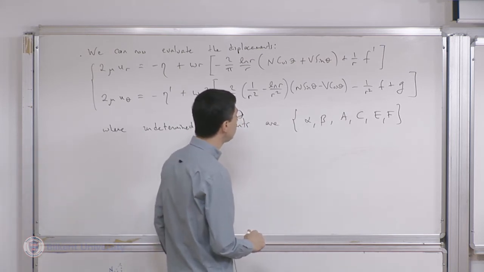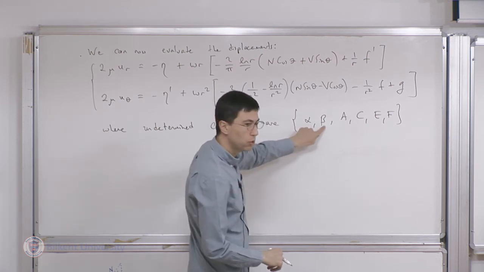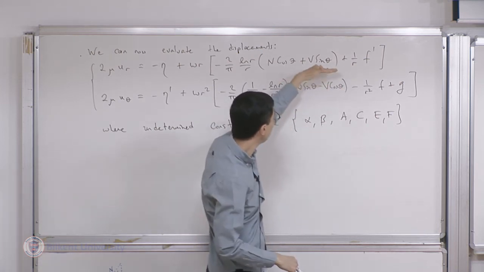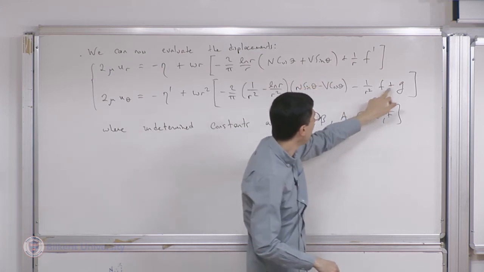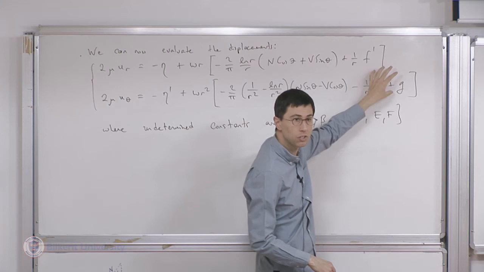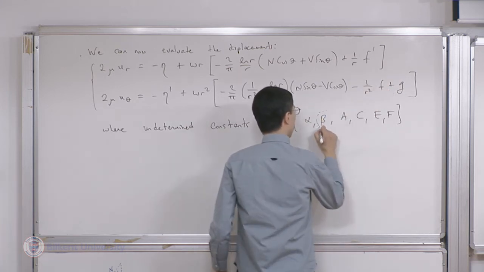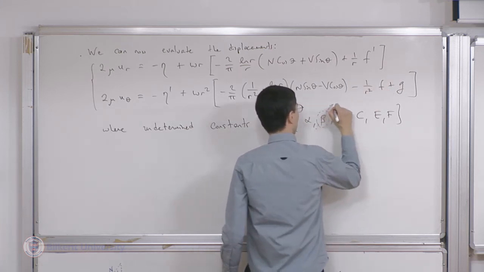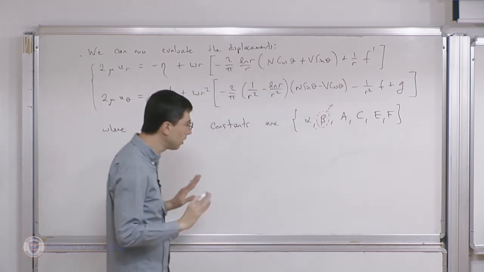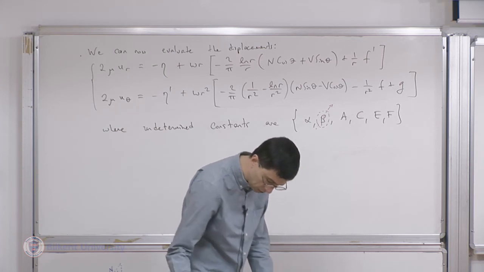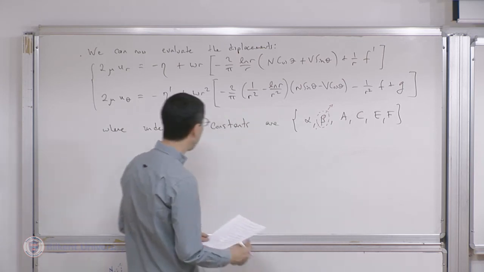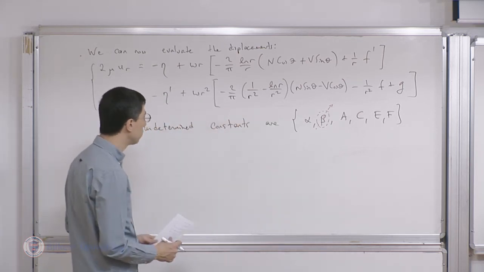Now, among these, beta, it turns out, if you plug in everything, never appears in UR. It appears in F and G, and they cancel out. So this term actually does not appear. It's not 0. It's just that it doesn't appear in the displacement. So really, it's irrelevant to us. So there remain 5 constants.